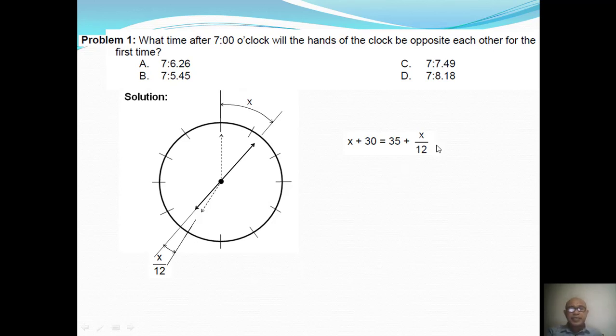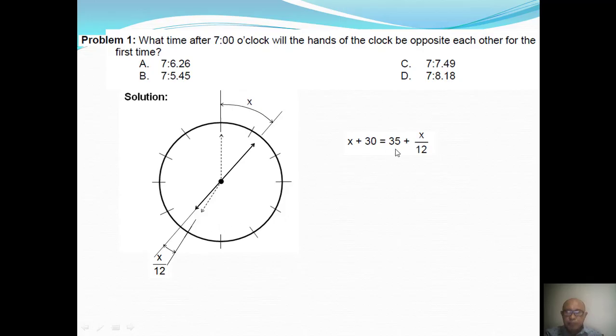Kuha niya? Again ha? So, this x, number of minutes, plus the 30 minutes, so up to here. So, that is x plus 30. And this x plus 30, meaning the distance in terms of number of minutes from this point, rotated up to this point, so that is x plus 30.